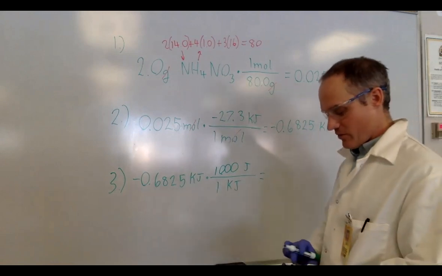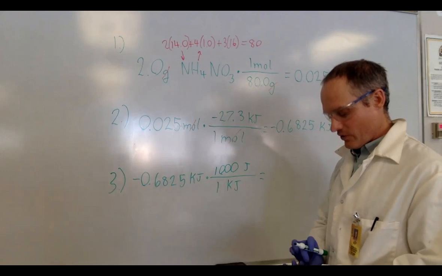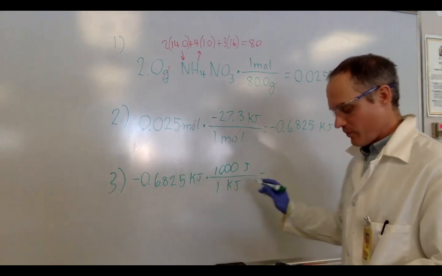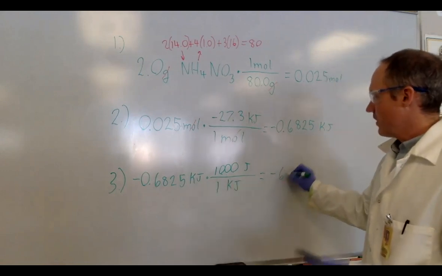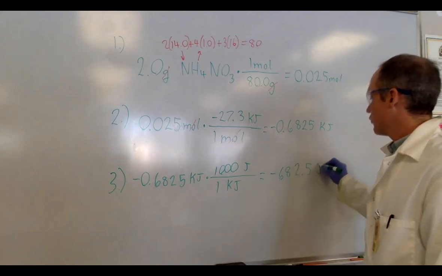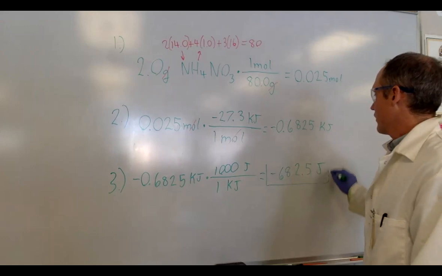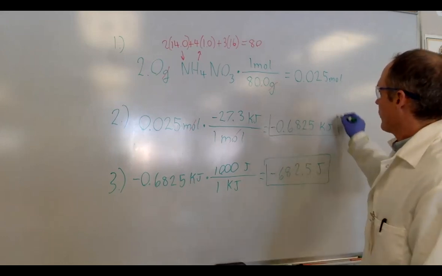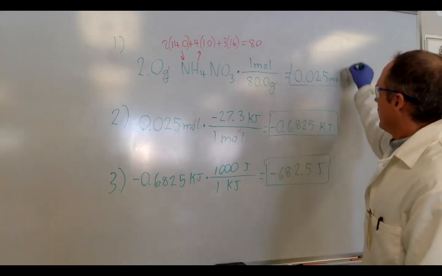We just multiply by 1,000, which moves the decimal point over 3 spots. So we end up with negative 682.5 joules. I'm just going to box those answers real quick to help them stand out.